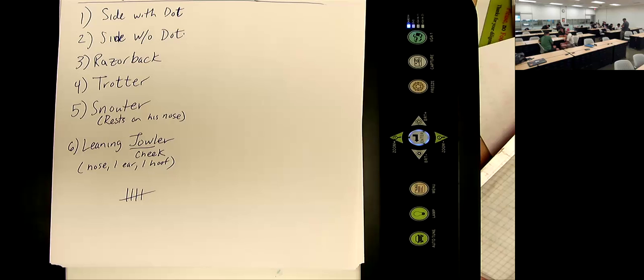Snouter. Just keep going. Let's go for like 10 minutes, whatever you have in 10 minutes, we'll stop. Razorback. Two razorbacks and dot.